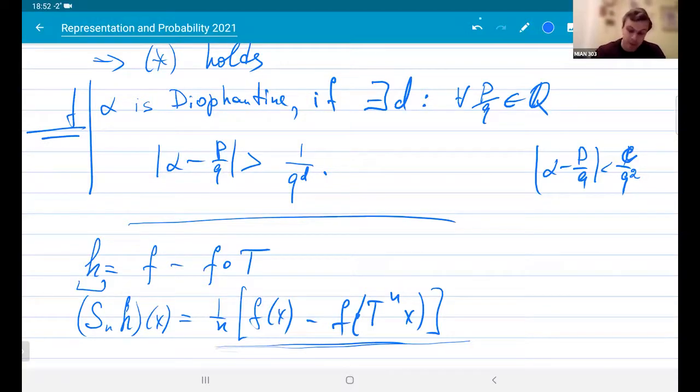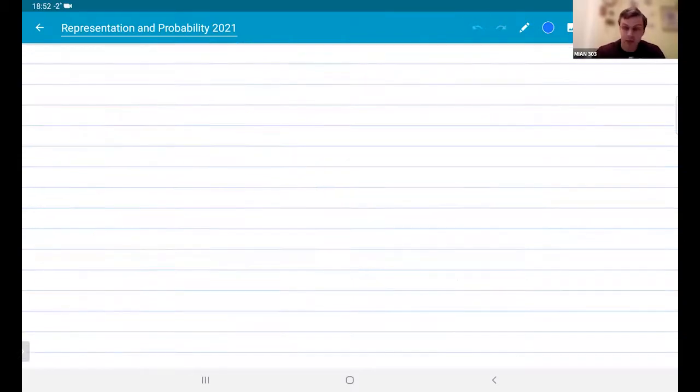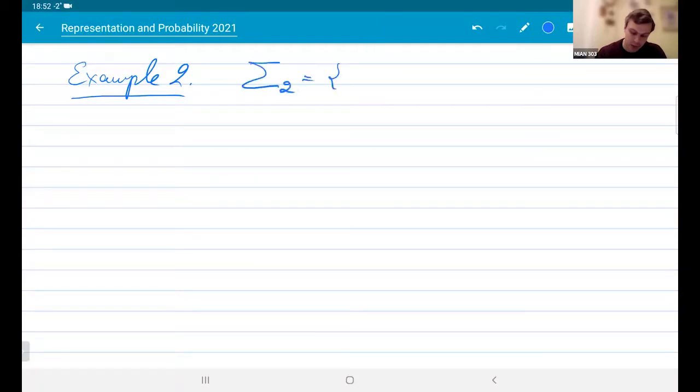Okay, my second example is something completely opposite to what we have studied before. This example is the following. Our set sigma 2 is just the bi-infinite sequences of zeros and ones. This set can be endowed with some metric.